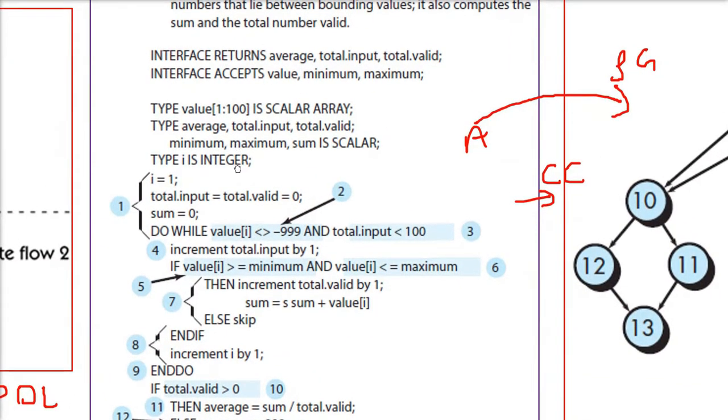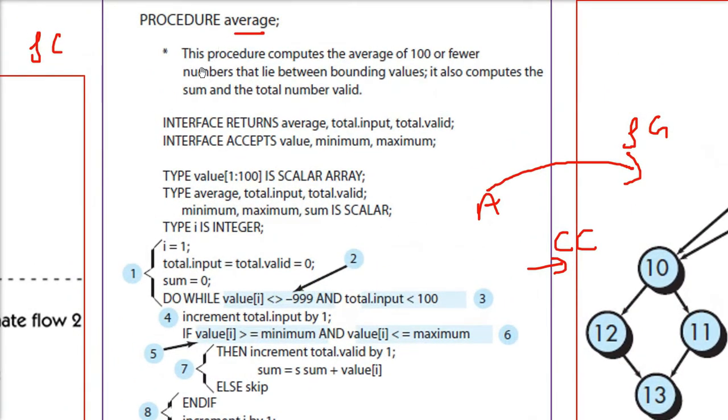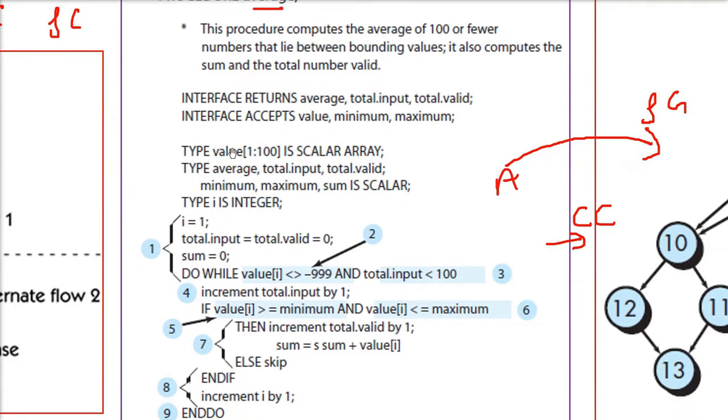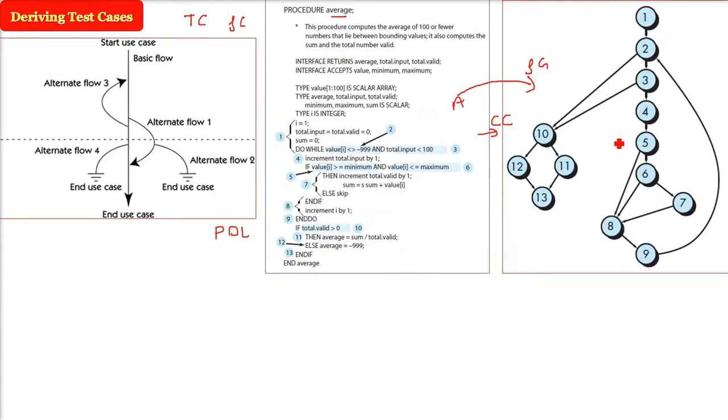So don't go into the detail of this average code. I'm just showing you that because we have to make a control flow graph, we have to make certain nodes and edges. Please note, all the nodes are mainly concerned with the analogous diamond of the flow chart.